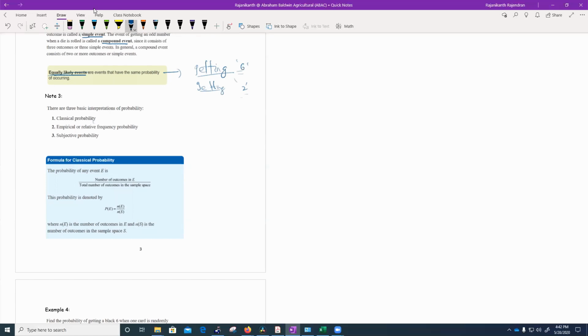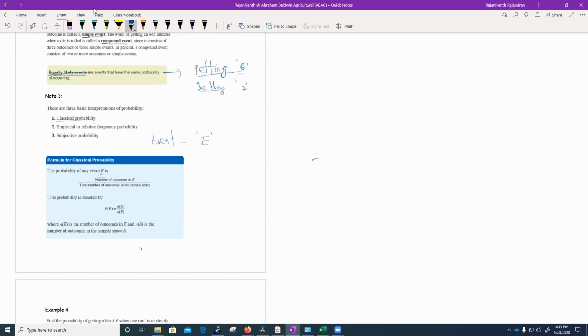For the classical probability, we use a formula to find the probability of event E. I'm going to use an uppercase letter for events. The definition says the probability of any event E is given by the number of outcomes in that particular event divided by the total number of outcomes in the sample space.